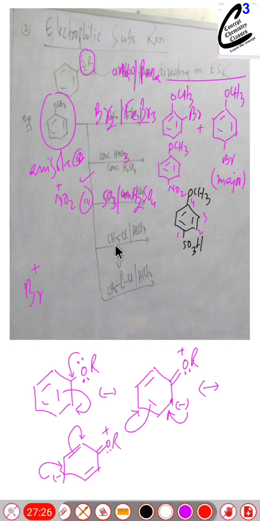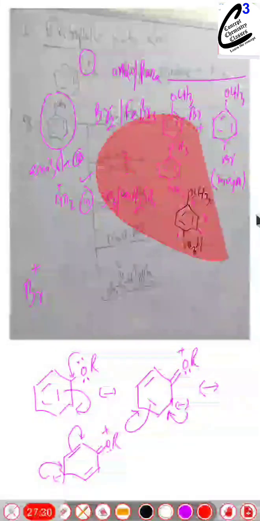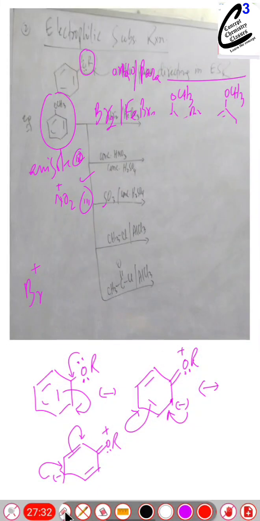Now let us move to the next reaction, which is Friedel-Crafts alkylation. In Friedel-Crafts alkylation, anisole is reacted with methyl chloride in presence of AlCl3. This can be any alkyl group.